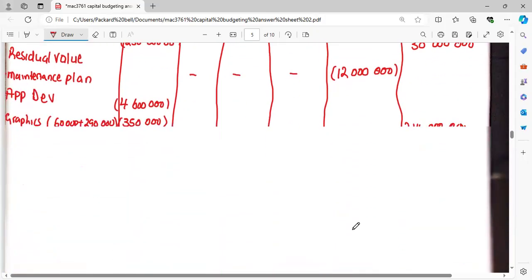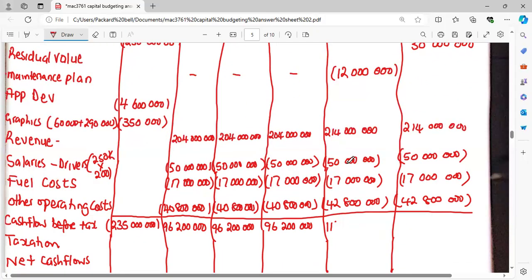Then we have two. I'm getting 92,200,000. Yeah, I also get that if I include the maintenance.